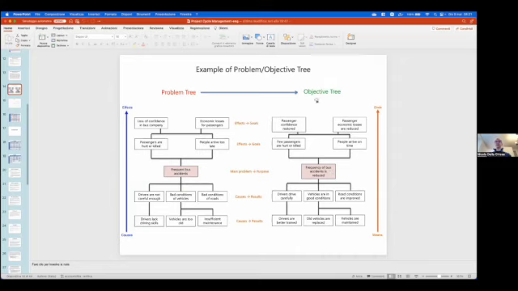If we try and transform these negative effects in positive situations, we will have statements such as few passengers are hurt or killed, people arrive on time, passengers' economic losses are reduced, passenger confidence is restored.